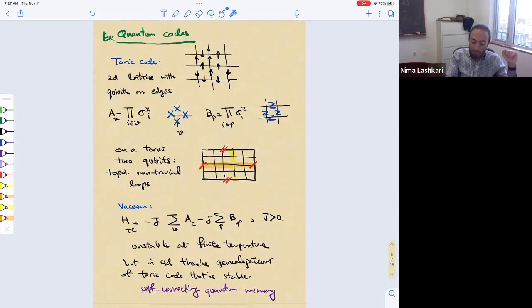I said this is a 2D lattice, and I'm interested in the case where the 2D lattice is a torus. So there's some non-trivial topology, so that I have non-contractible loops. These loops are where the encoded information is.